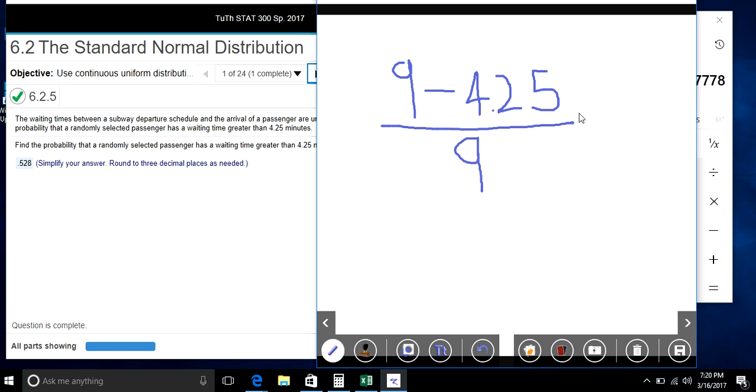So we just did that into the calculator, and that's how we got our answer.